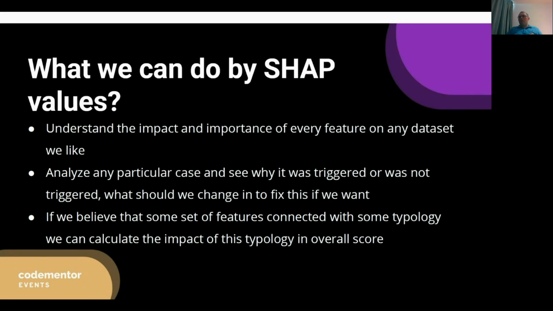So, for instance, we can identify some crime, and all these features are for any crime, and some subset of features we believe is connected with drug trafficking, and another set of features mostly with human trafficking.